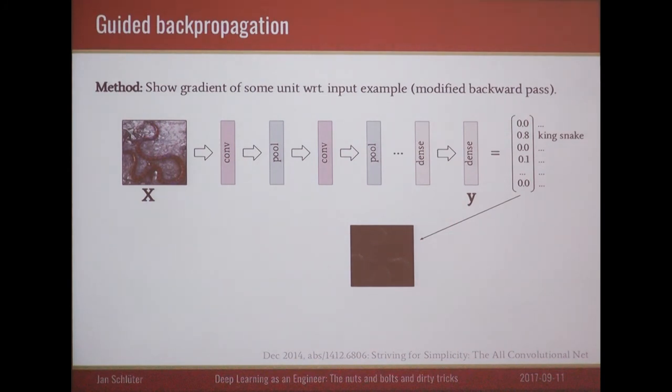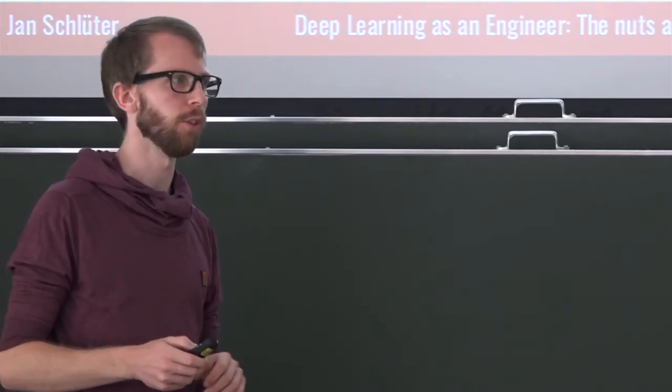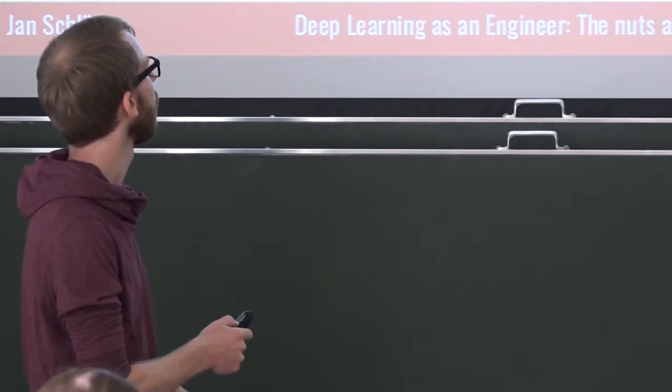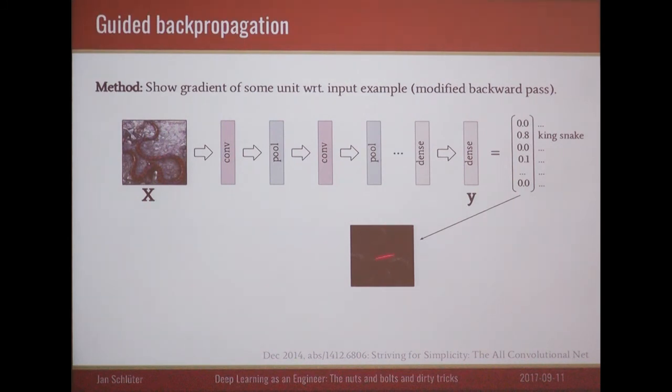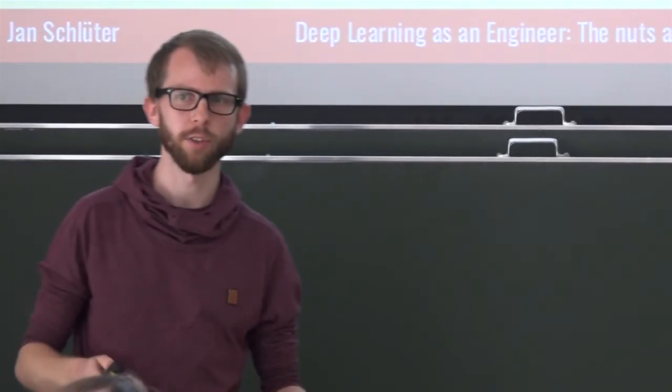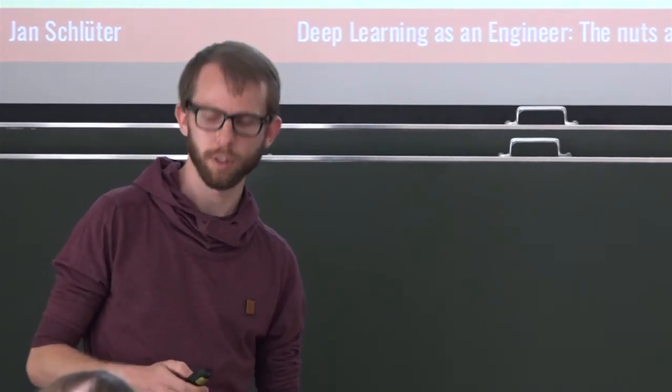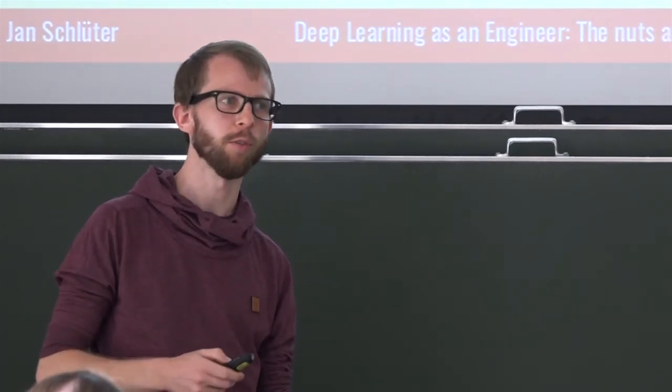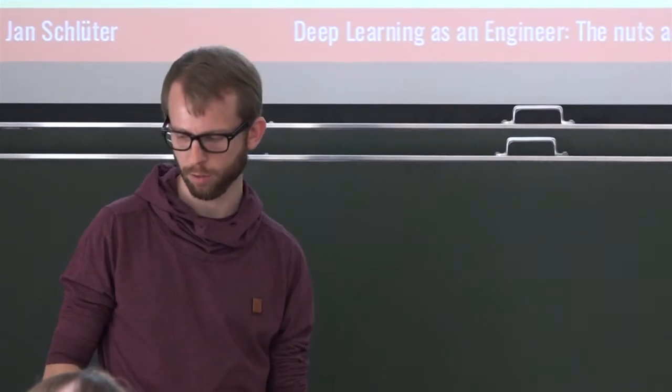So this tells us which pixels are affecting the prediction the most. And in this case we don't really see it very well here, but it actually tells us that it predicted the snake mostly because of these pixels that make up the snake.